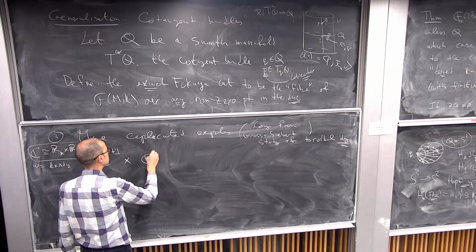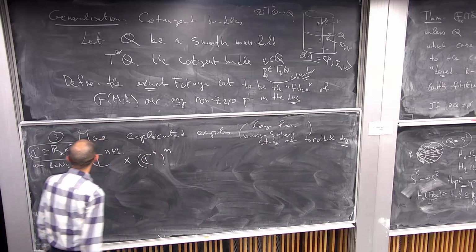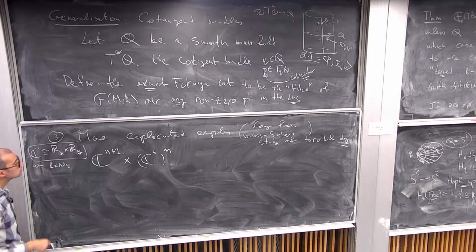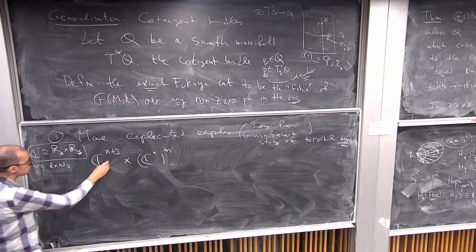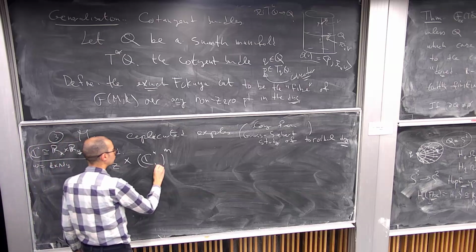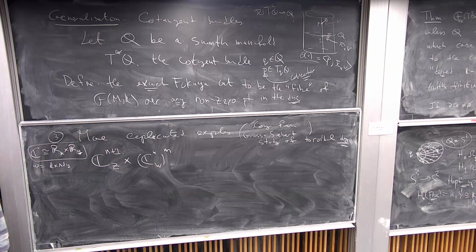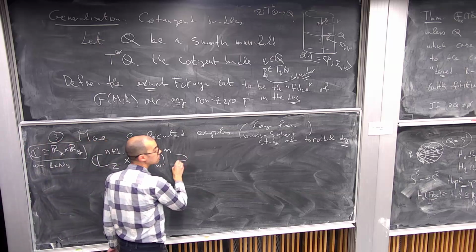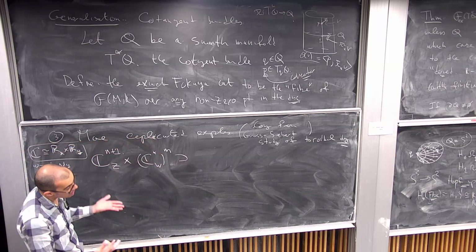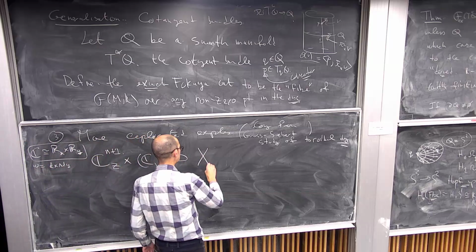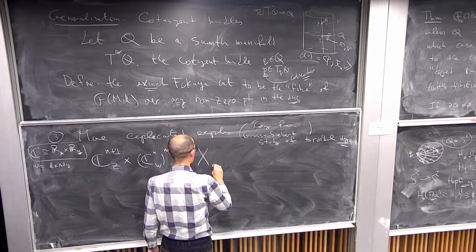Cross C star to the m. Well, C star is just C minus 0. So that's great. These guys I will give coordinate Z, and these I will give coordinate W. And inside of this, I'm going to write some interesting to me, maybe not to you, symplectic manifold. I'll call it X, M comma N.